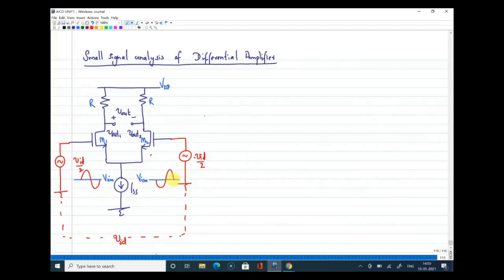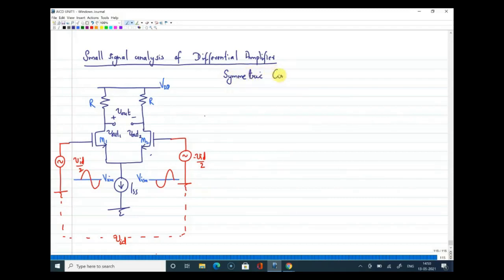Now we can actually understand the small signal. All this explanation and build up is just to tell you about the small signal equivalent circuit analysis. The thing is very simple. We can study the differential amplifier under two headings.